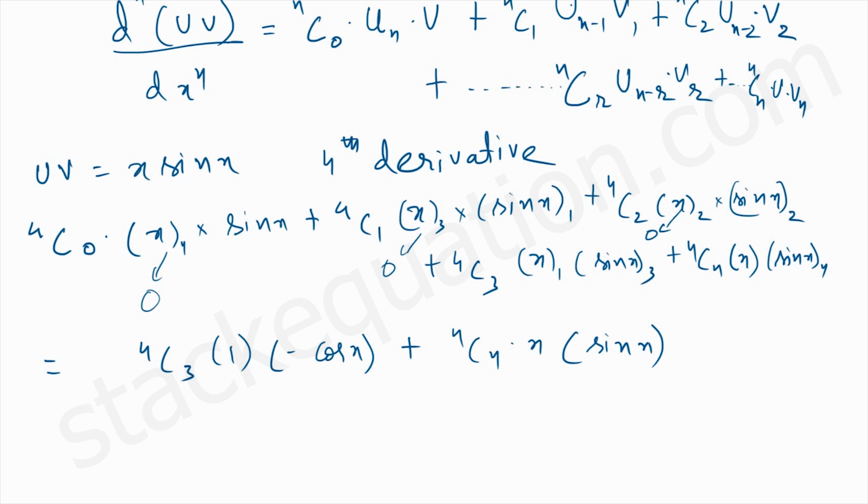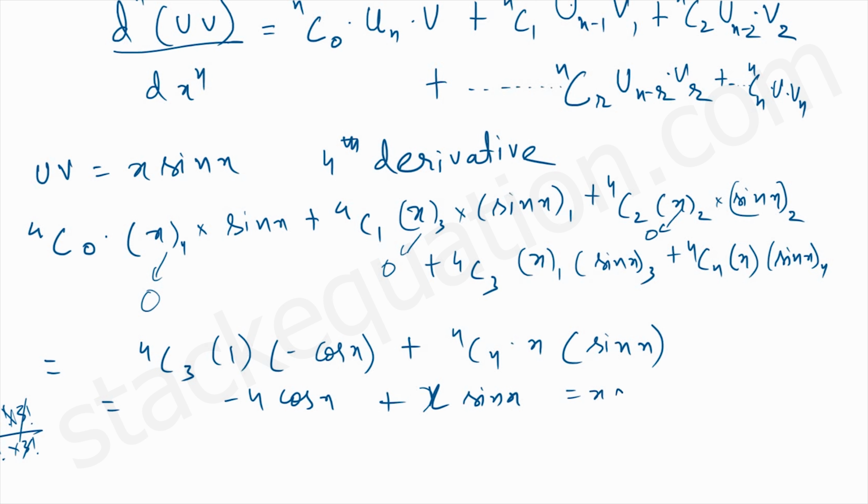So what about these 4c4 and 4c3? 4c3 is 4 factorial by (4 minus 3) factorial into 3 factorial. That gives me 4 into 3 factorial. If I solve this, I get minus 4 cos x. And 4c4 is 1 into sin x, right?